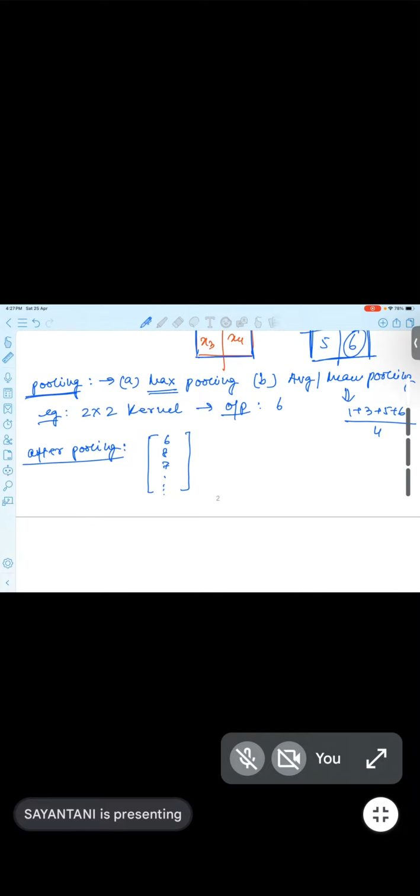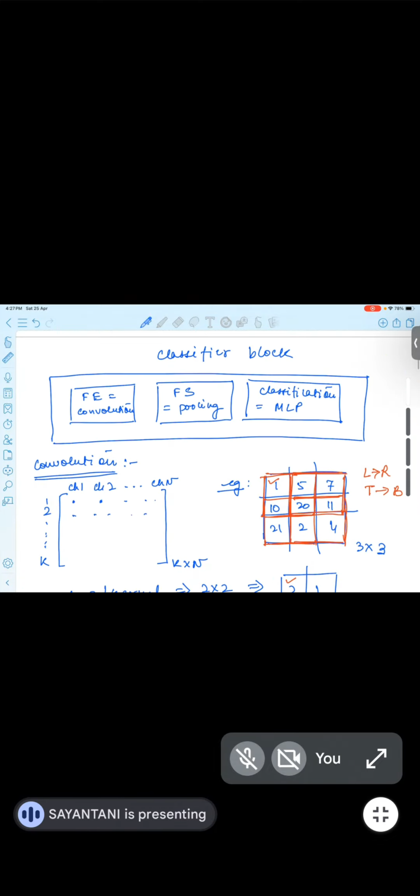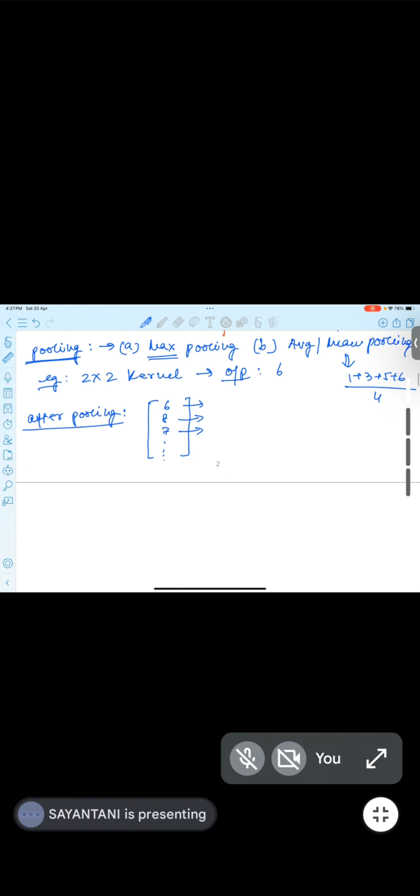Once you store that in a column vector, you feed it to your third layer, which is nothing but your classifier, that is your multi-layer perceptron, which we studied in the last class. Each of these values becomes x1, x2, and so on, the input to the multi-layer perceptron that will categorize your desired classes and give you an output.